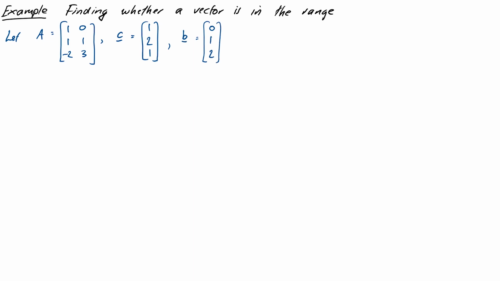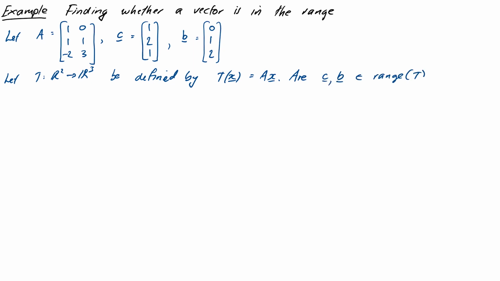Our transformation is going to take in a vector in R2, and produce a vector in R3, defined by T of x is equal to A times x. So the question we want to answer is, are the vectors C and B in the range of our transformation T? We'll do C first.